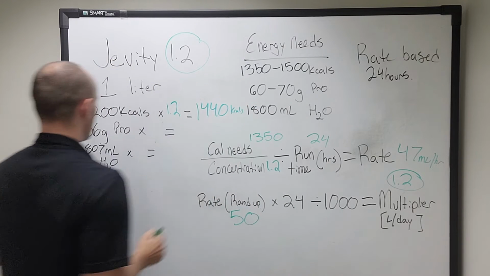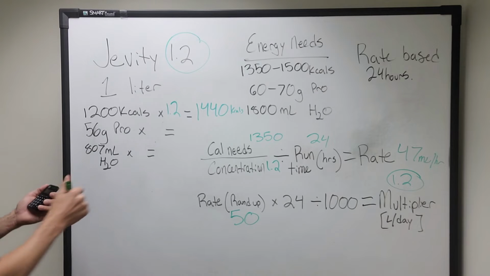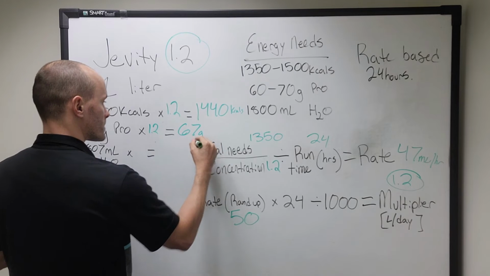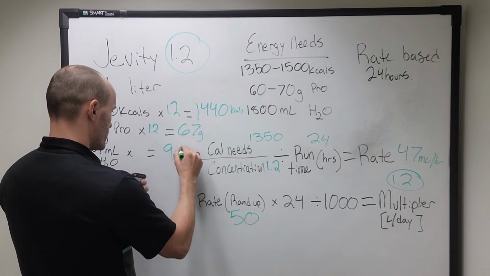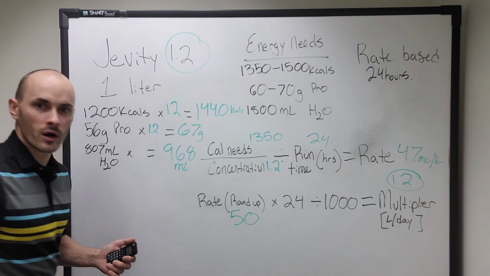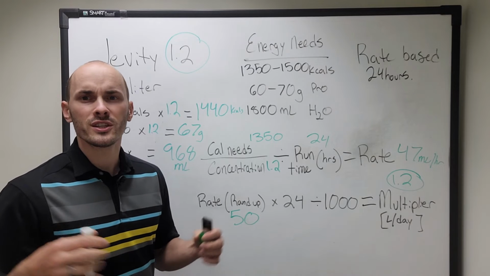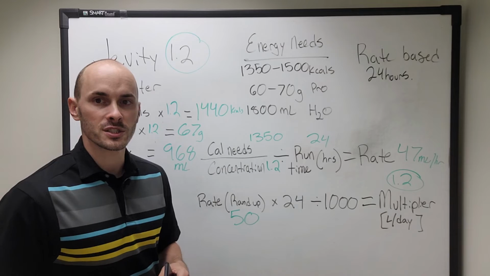Now we also get 56 grams of protein times 1.2 gives us 67 grams. And last but not least, 807 times 1.2 gives us 968 milliliters of water.